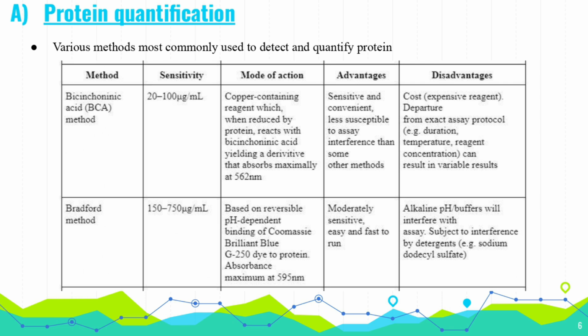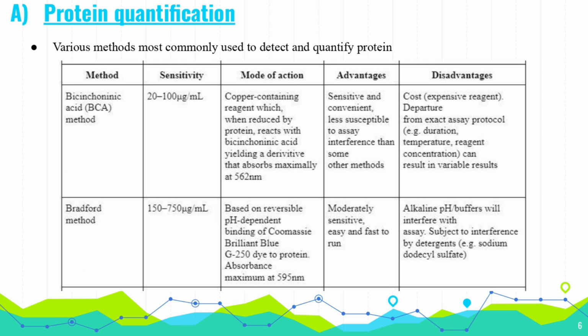Then that reduced reagent reacts with bicinchoninic acid, and a derivative is formed which absorbs light at 560 nanometer wavelength. Advantages: sensitive, less susceptible. Okay, so these are the advantages. And disadvantages: cost, then temperature and concentration are other reasons for non-applicability of this method.